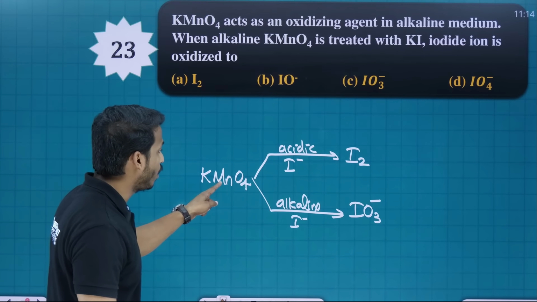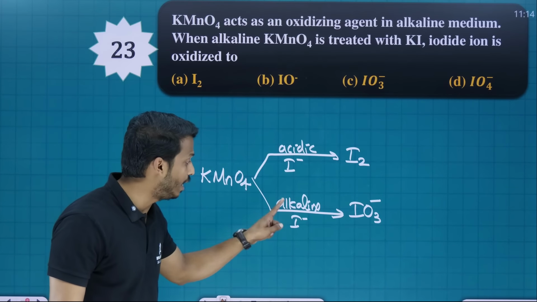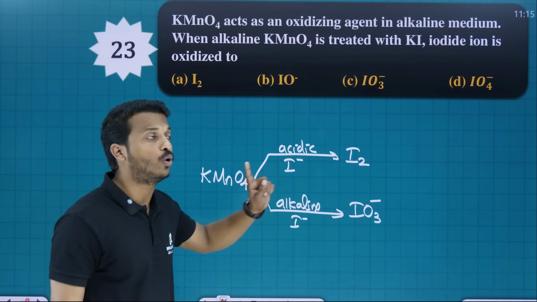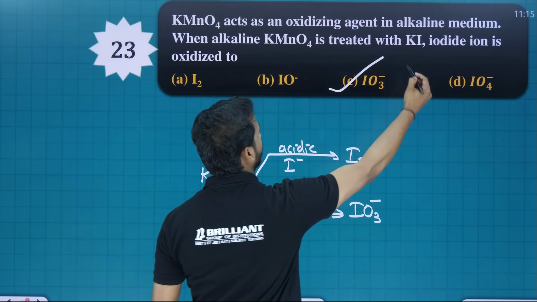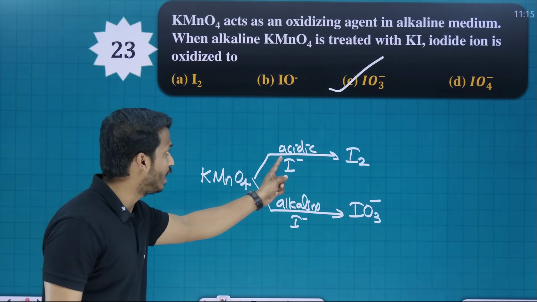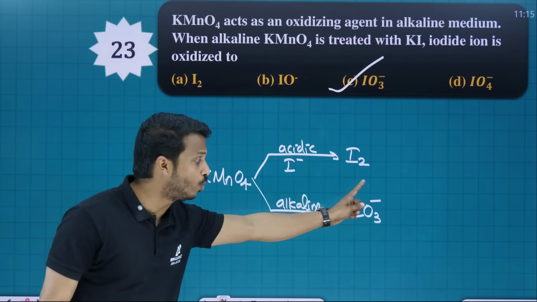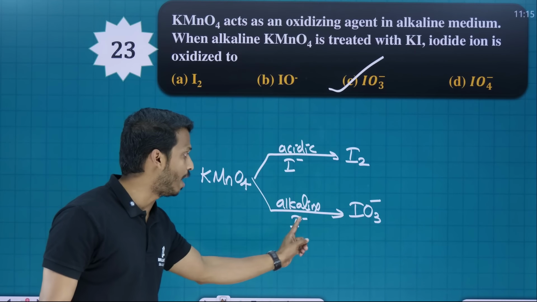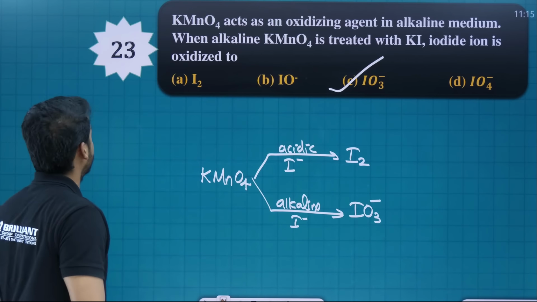So in alkaline medium, KMnO4 converts iodide to IO3 minus. That is option C. In acidic medium, I minus is converted to I2. In alkaline or neutral medium, I minus is converted to IO3 minus.